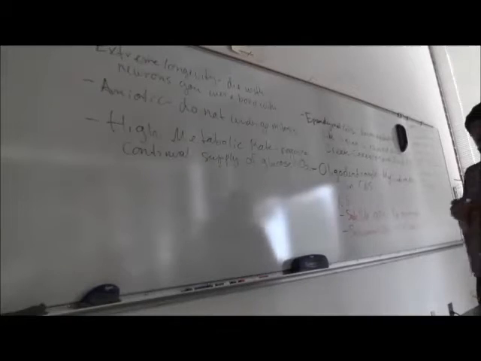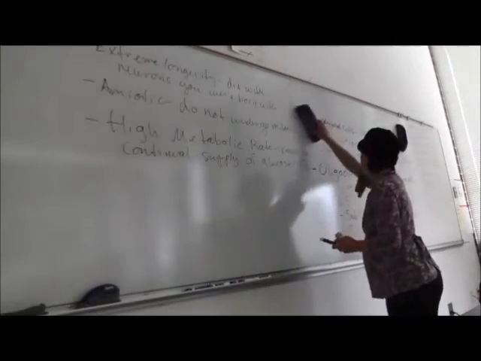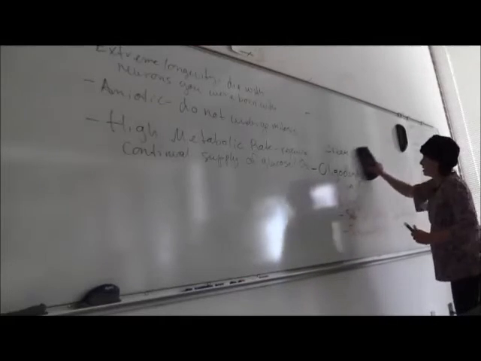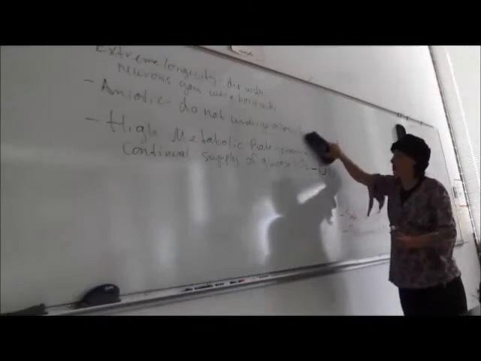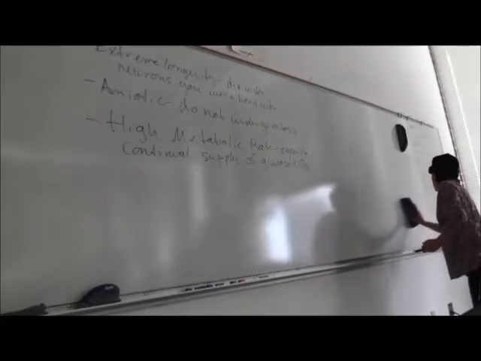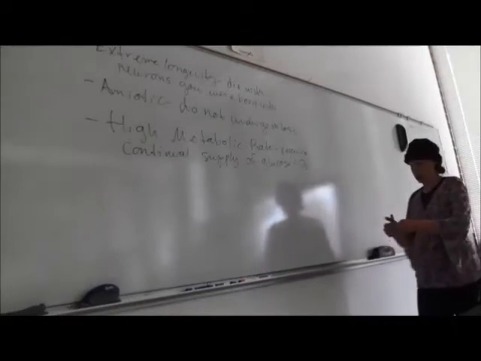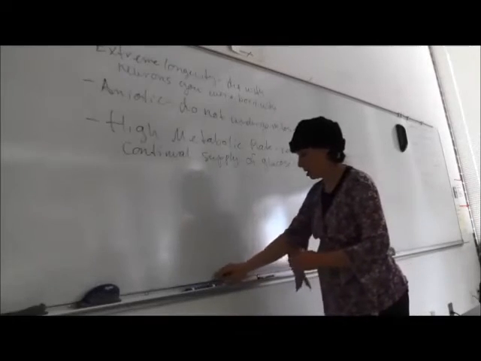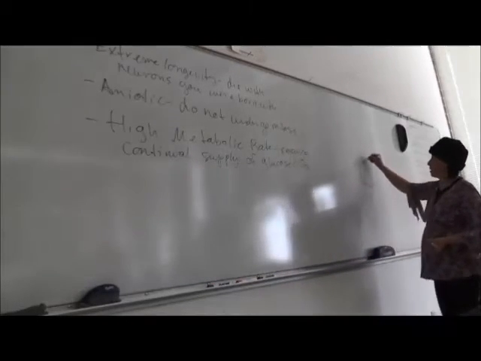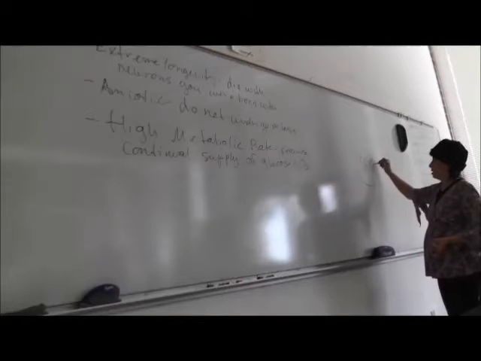So what does a neuron look like? It's got different regions that are going to be doing different things. It's got a cell body that's kind of like this enlarged portion of it, also called a soma.